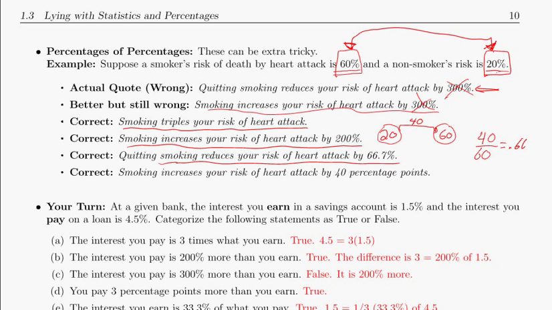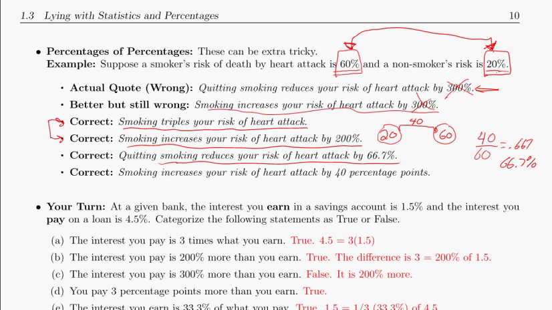Right, so that difference, the change, is 66.7% of the original amount. So it reduces your risk of heart attack by 66.7%. So if you really want to make your case against smoking, you'd probably want to use one of these two because they make it sound bigger. But they are actually the same.